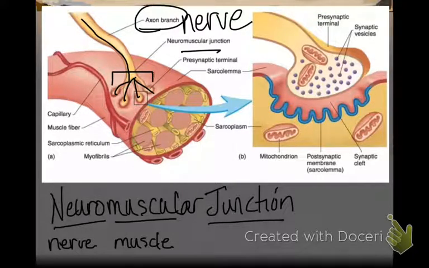So one nerve may touch 3 or 4 different muscle cells. Here you're only showing one muscle cell being touched, but this nerve might have another axon over here that touches another muscle cell, and another axon over here that touches another muscle cell. So when this nerve fires its impulse, it's going to be stimulating those 3 muscle cells. And what do you think is going to happen if you have lots of nerves being stimulated?